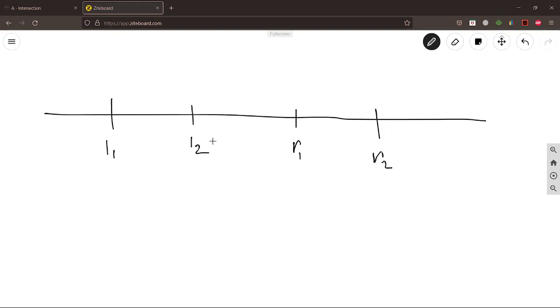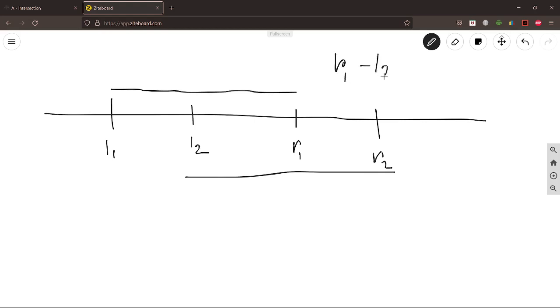So here this is our range number 1 and this is our range number 2, and the intersection is R1 minus L2.